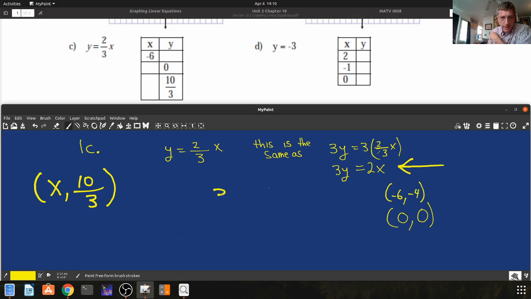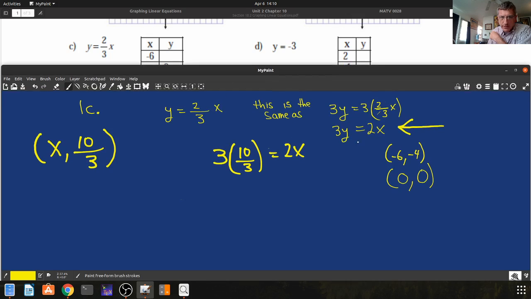So 3 times y, but y is equal to 10/3, is equal to 2x. I hope you already see why I chose that equation. So 3 times 10 thirds is the same as 3 divided by 3, which is 1, times 10.